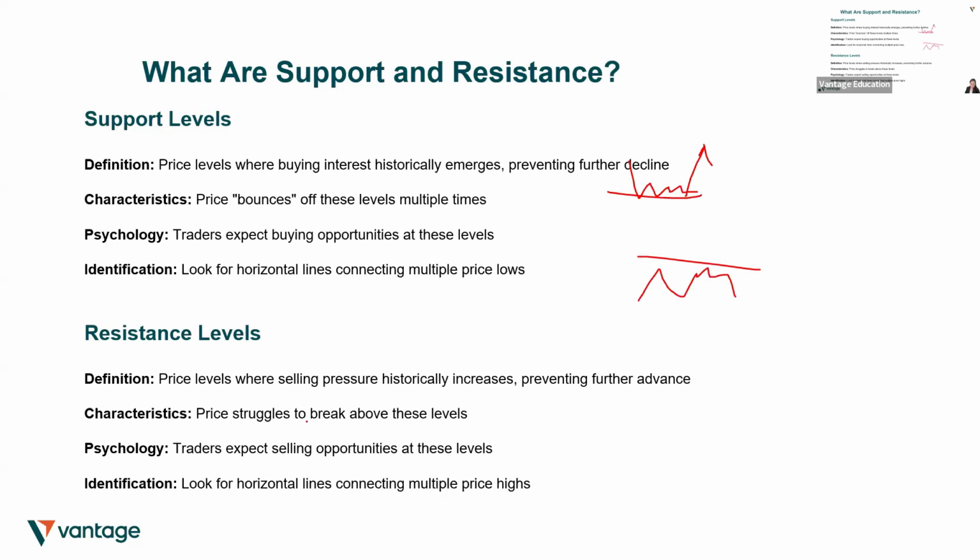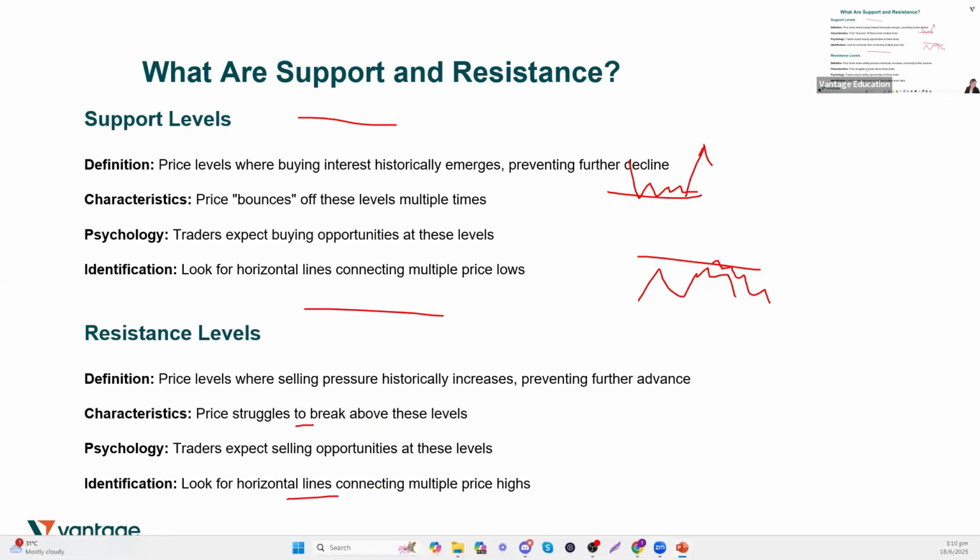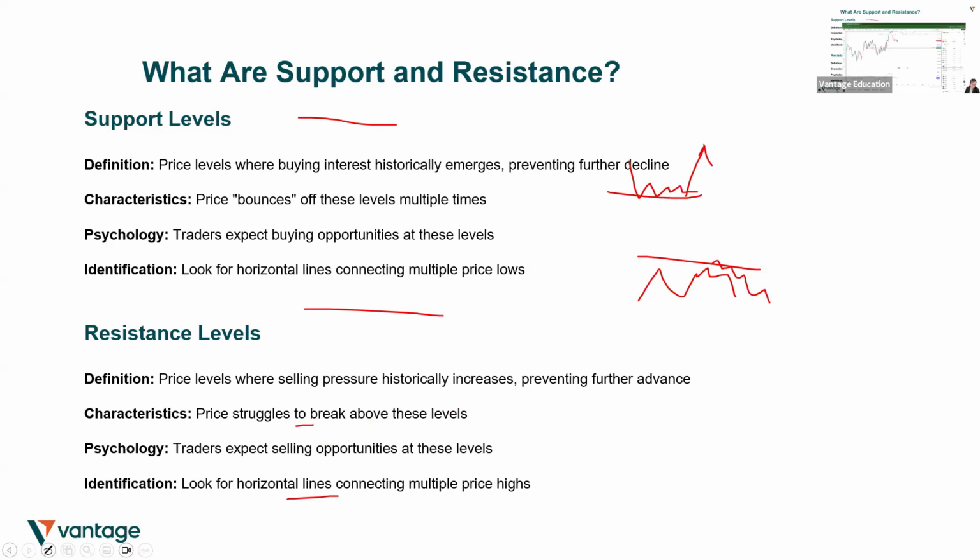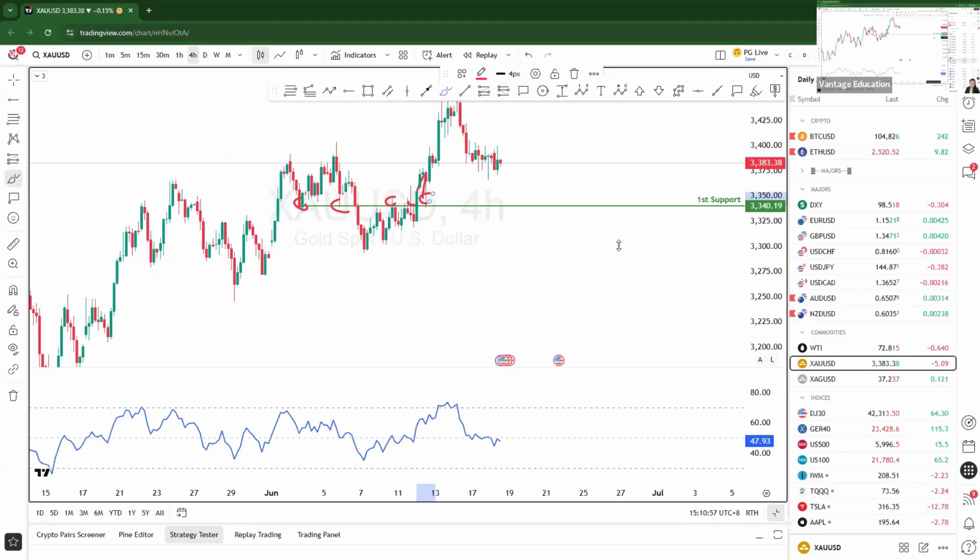Price struggles to break above those resistance levels, and traders expect that price will sell from this level. Resistance and support are each just one horizontal line connecting multiple price highs, which you can simply call multiple rejections.